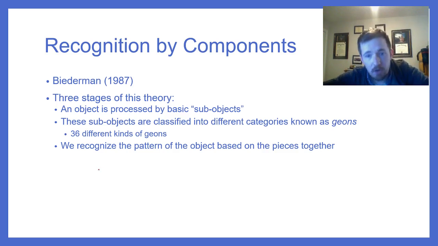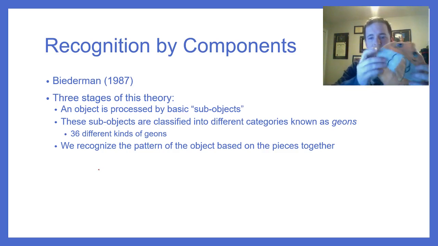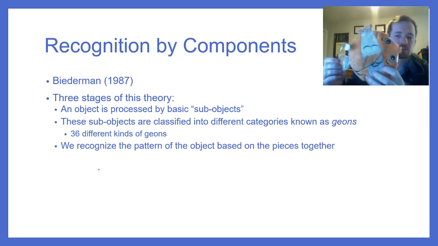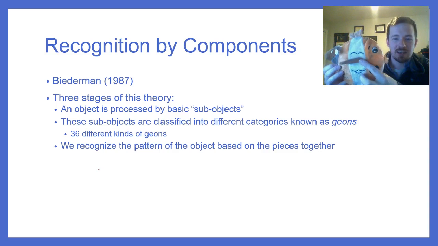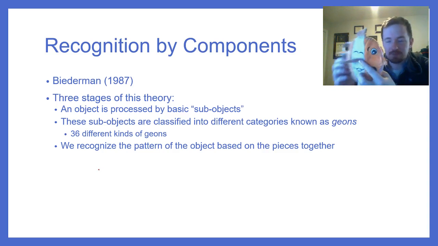If you're interested in more about how that works, you have to take cognitive psychology. We're not going to go into a whole lot of detail here about that, but what that basically means is that, let's see, here's a disgusting fish that my dogs like to play with. So we have a fish right here. It doesn't even really look like a fish. If I didn't tell you what it was, but I asked you to try to recognize what it is, you would say a fish after much deliberation.